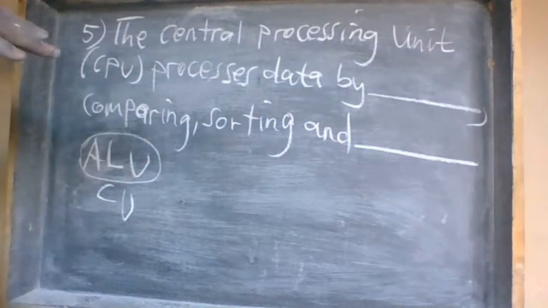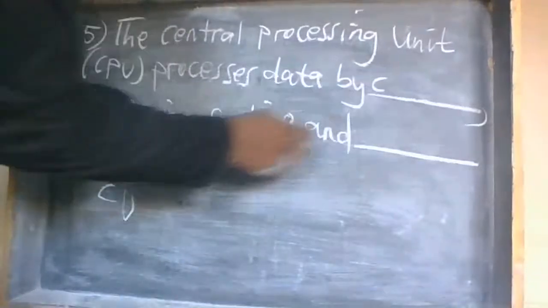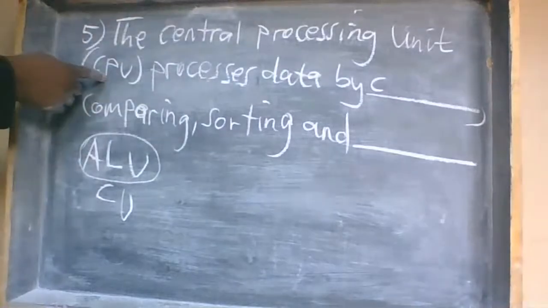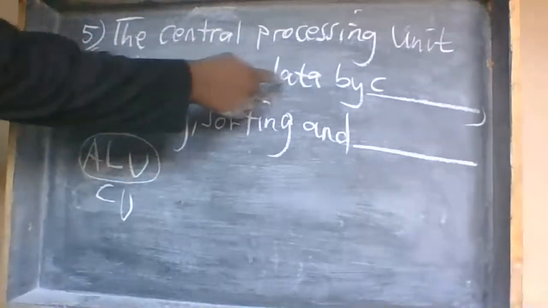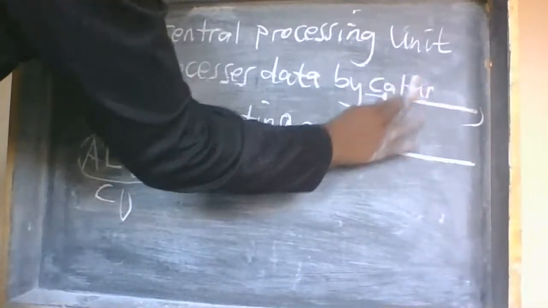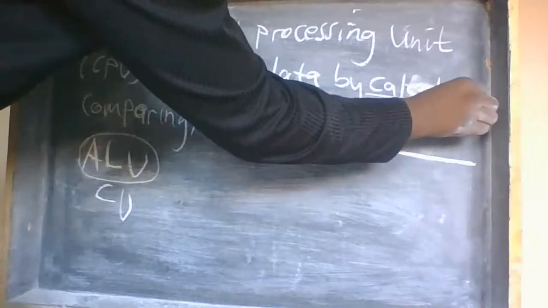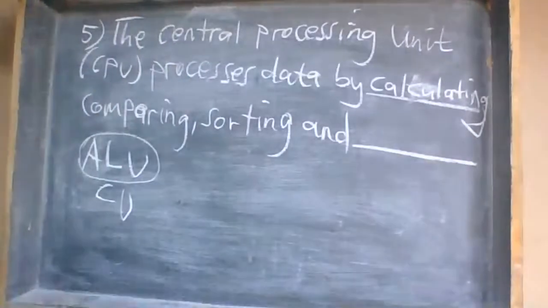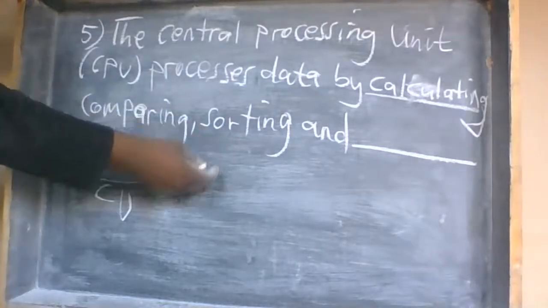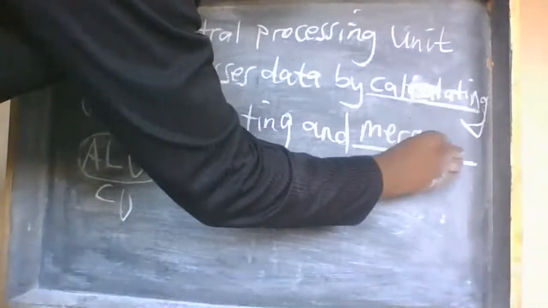The way it operates, number one, it calculates. So we say the CPU processes data by calculating, comparing, sorting, and merging.